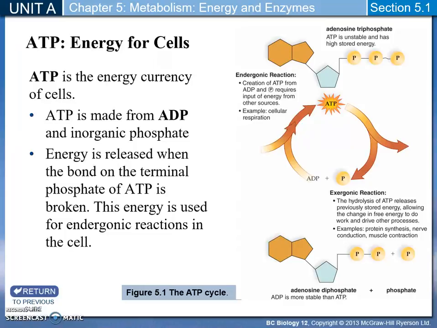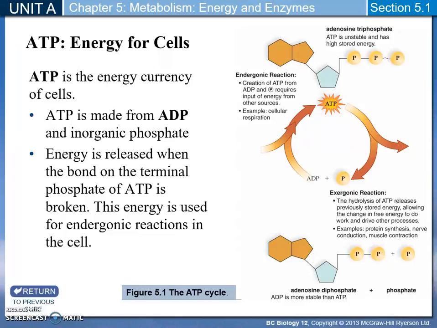ATP is essentially the energy currency of the cell, and ATP is made from ADP, which is adenosine diphosphate, and an inorganic phosphate. Energy is released when the bond on the terminal phosphate of the ATP is broken.